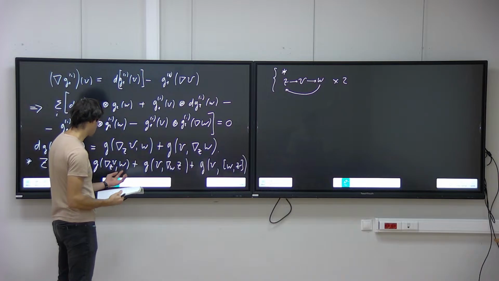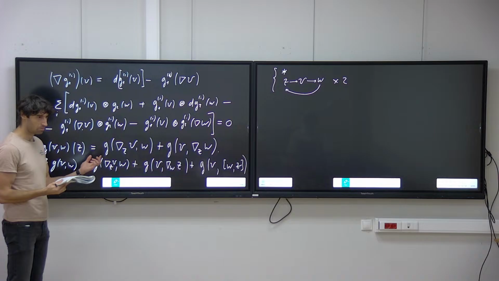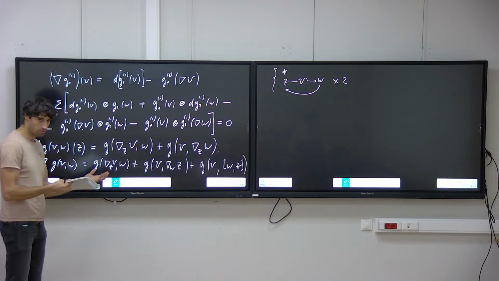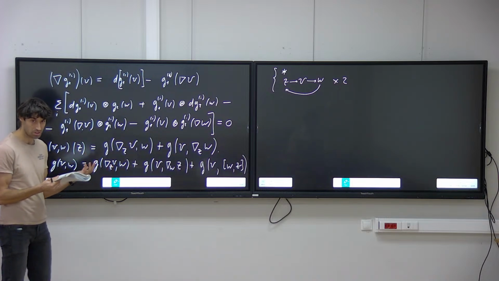Right? Actually, I'm trying to solve for nabla of one field to another, because G is given to me, right? So I'm trying to find the connection, which is defined by these properties, right?